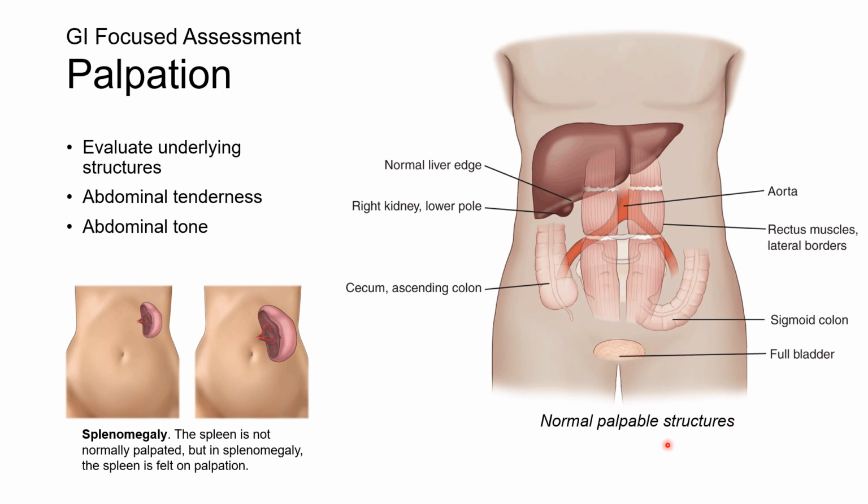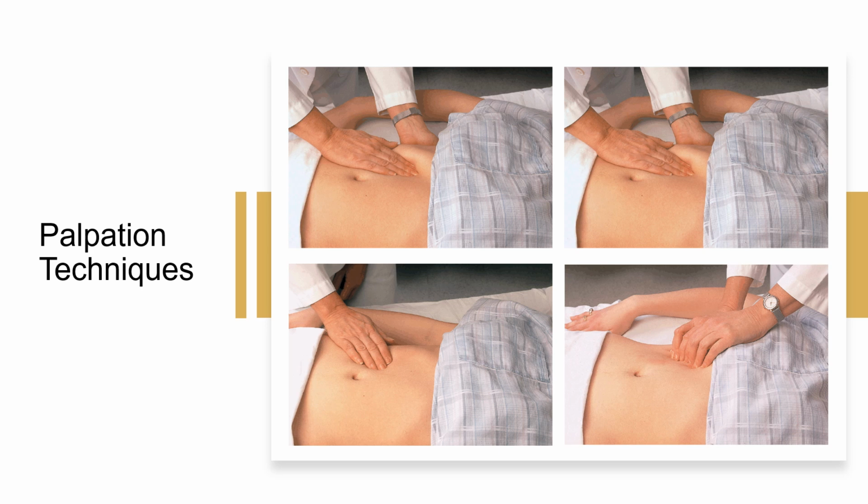Usually you'll be able to palpate them when they're enlarged. So especially if the liver is enlarged or the spleen is enlarged, that's when you're more likely to be able to palpate those structures. This is from your textbook, just palpation techniques. You can review that from your health assessment textbook if you need to.